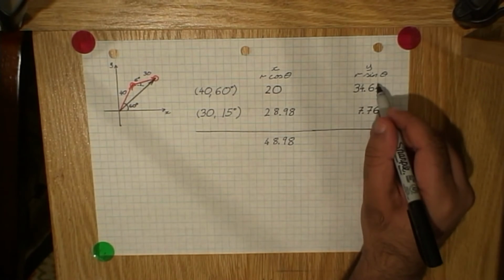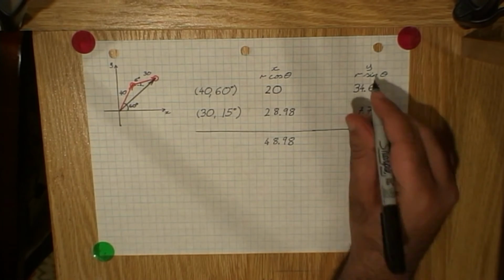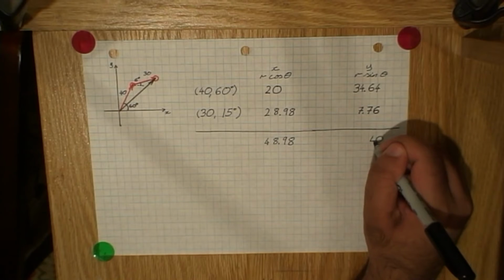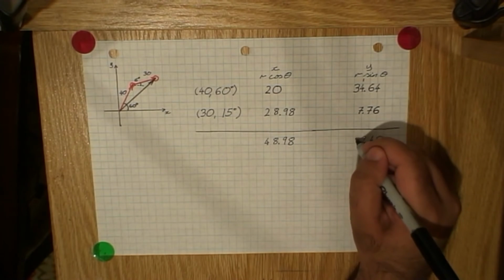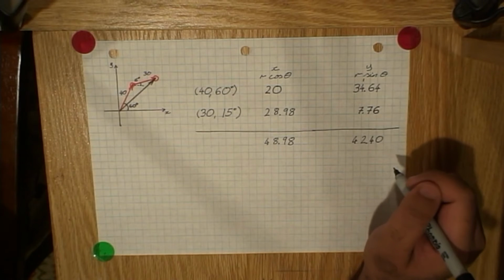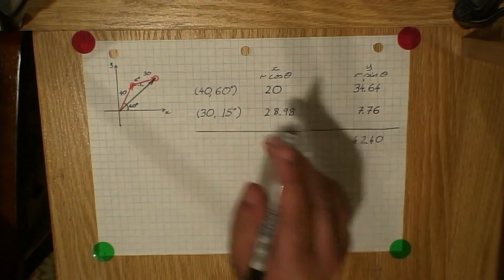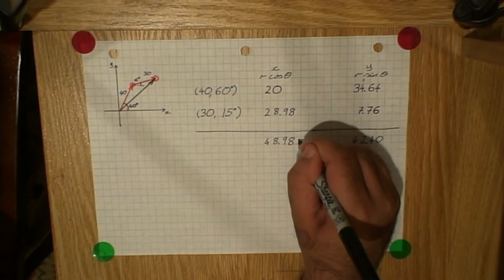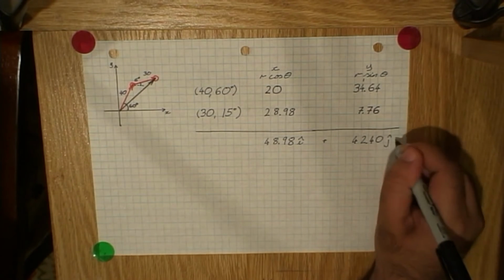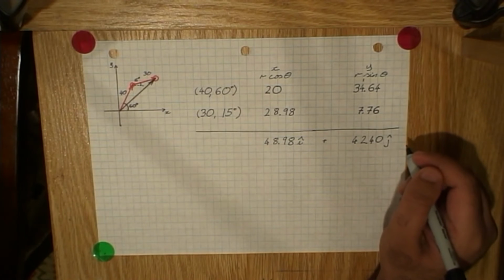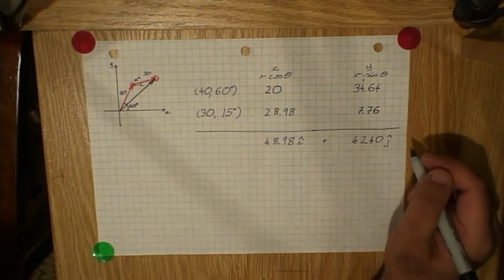And 34.64 plus 7.76 will give you 42.40. So this resultant vector is 48.98 i hat plus 42.40 j hat. But maybe we want to convert it back into polar.